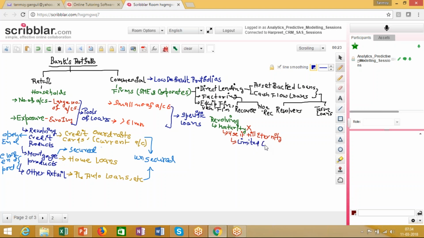So there is the existence of limited credit. The idea here is that you can use the maximum of the limit which is given to you, and you need to pay that money back, and then only can you use it again. So you need to pay back the used credit, and then reuse it.